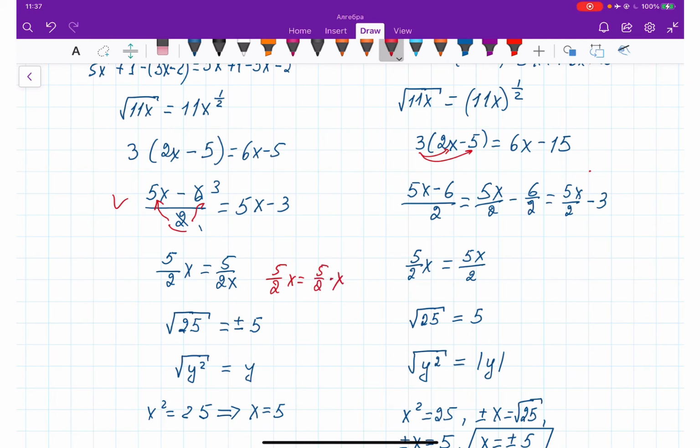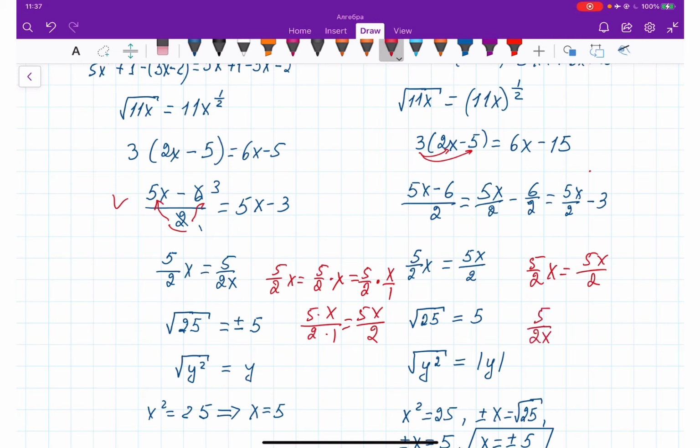When we multiply, 5 over 2 times x over 1 means 5 times x and 2 times 1, and we get 5x over 2. So from here we can say that 5 over 2x is the same thing as 5x over 2. But you cannot write down 5 over 2x.